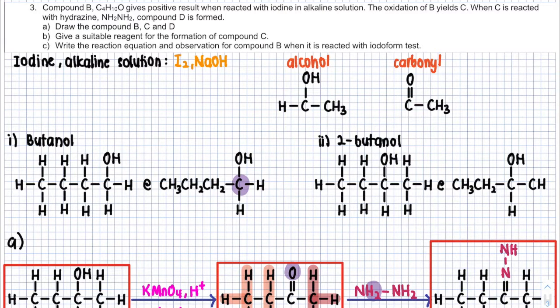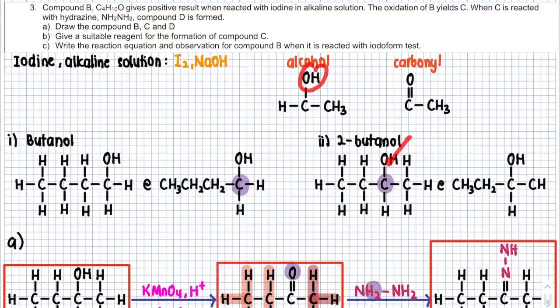Still lagi butanol. But then in this case we have 2 butanol. The difference is actually from carbon number 1. Ini sebagai carbon number 2 lah. Okay, so again, carbon number 2. So when we count, we have 4 carbon and still we have 10 hydrogen. Okay, so right now check dengan iodoform test. Okay, so we're talking about this carbon. Okay, this carbon contain OH.